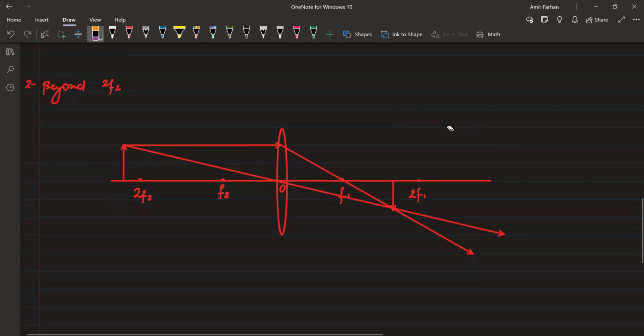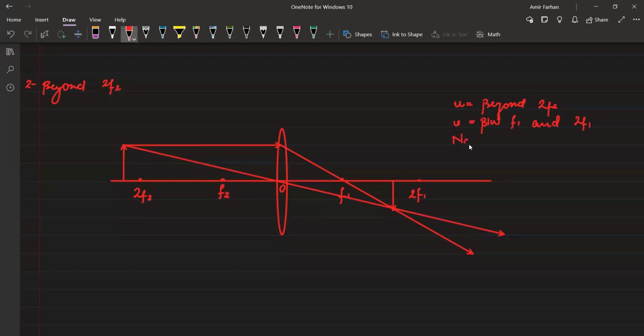Let me write this a little higher up. Okay, and your image is between F1 and 2F1. The nature is real and inverted, and the size would be diminished.